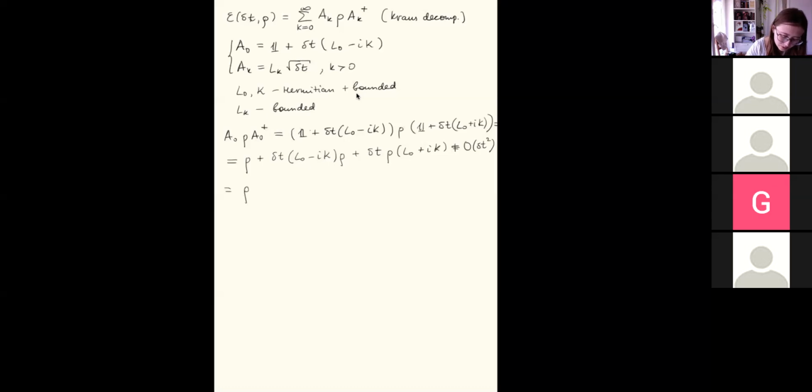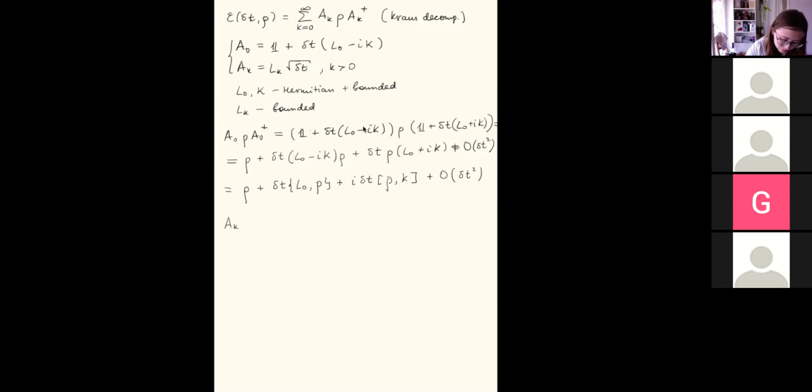And this I can conveniently rewrite as rho plus delta T anti-commutator of L0 and rho plus I delta T commutator of rho and K plus O of delta T squared. So the anti-commutator is just L0 rho plus rho L0. Okay, so this was the 0th term.